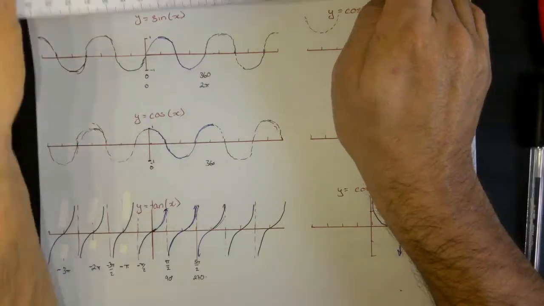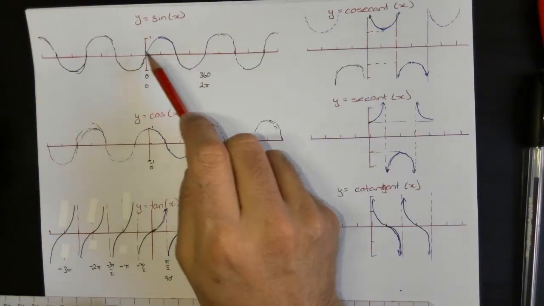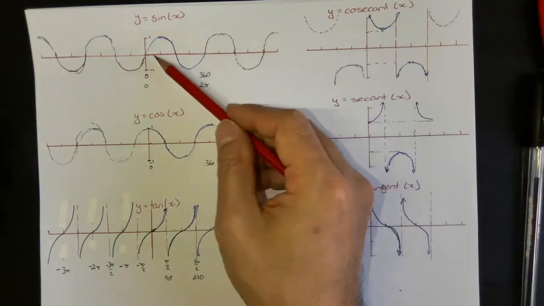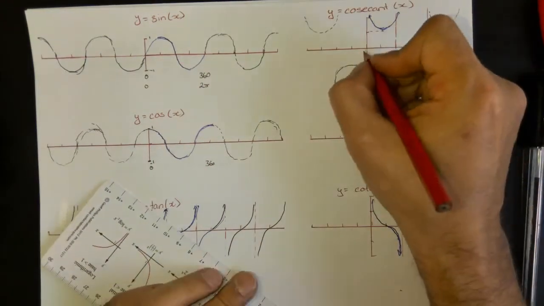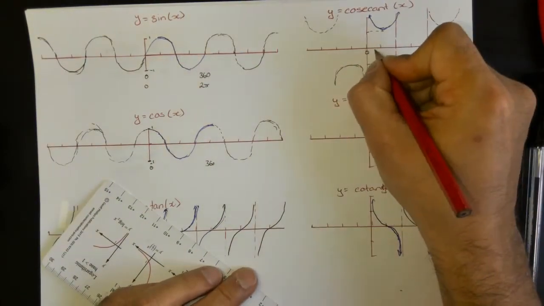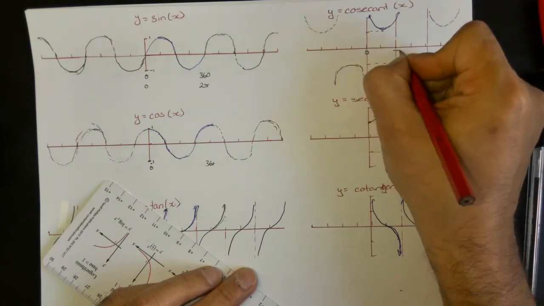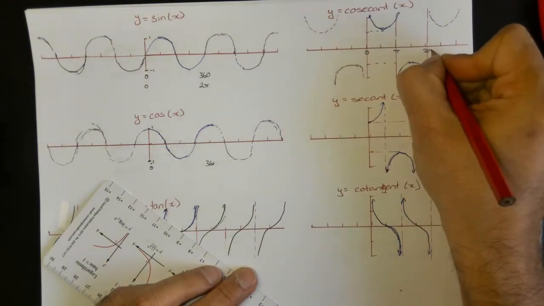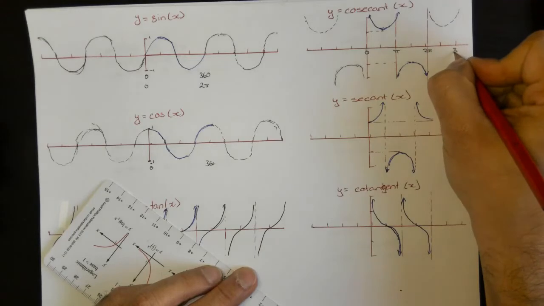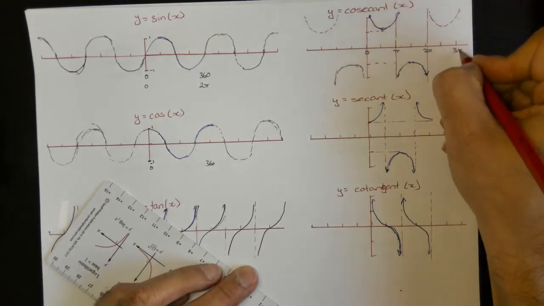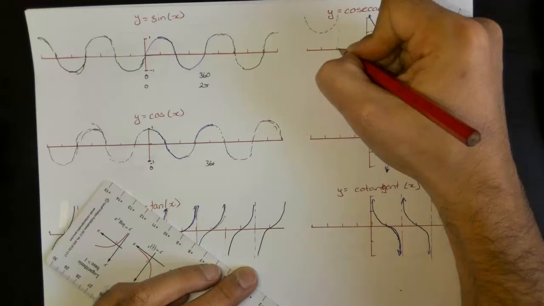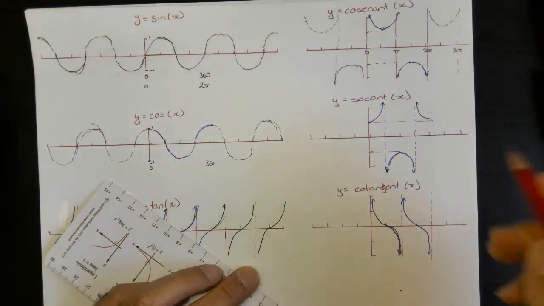If sine x is 0, it will have the reciprocal asymptote. So that was 0, pi, 2 pi, 3 pi, and there will be asymptotes here.